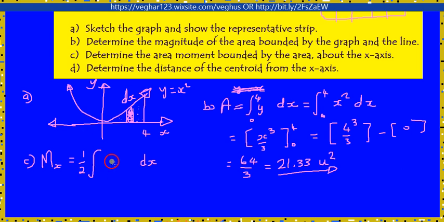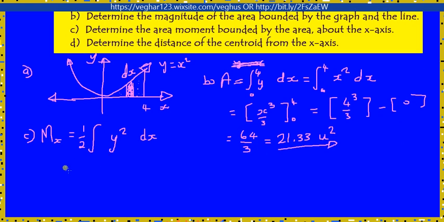So just keep on watching the videos for area moment, so it will help you to understand better. This is y square, so you substitute the value of y square here, and the limits are 0 to 4.